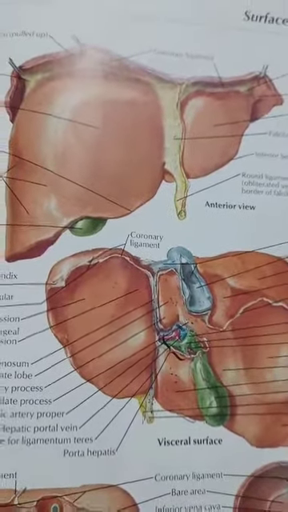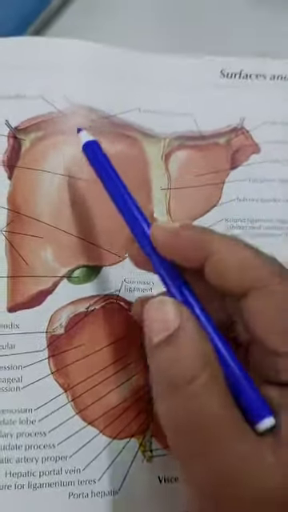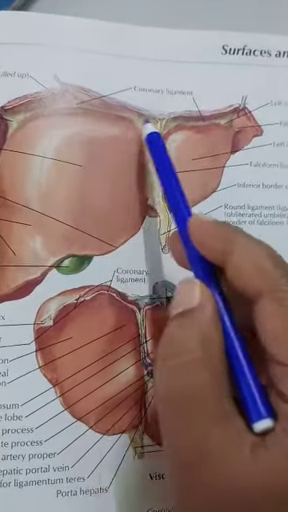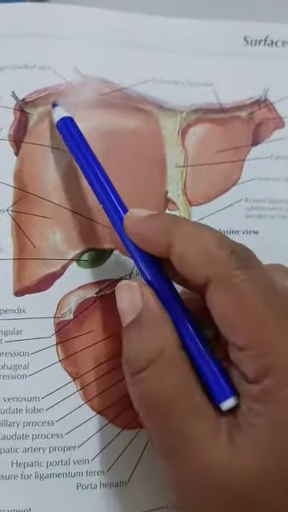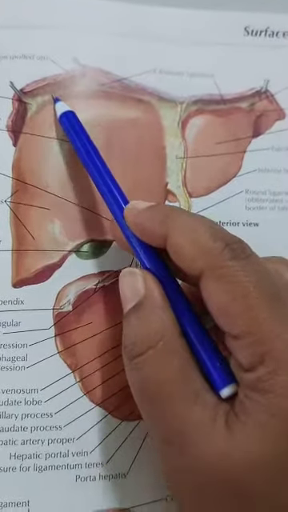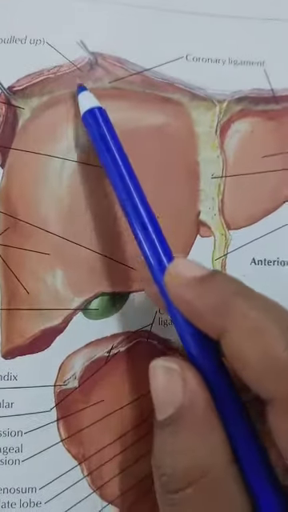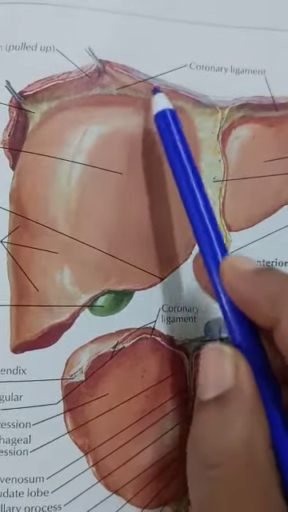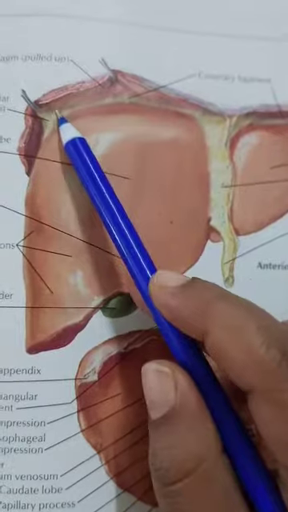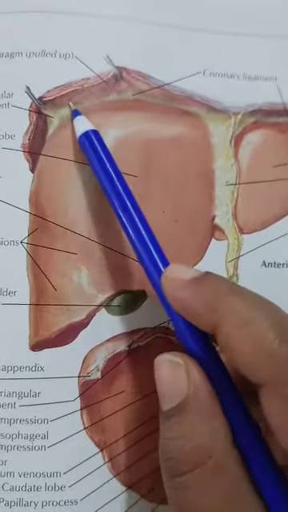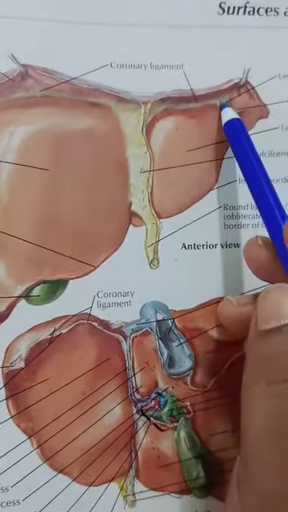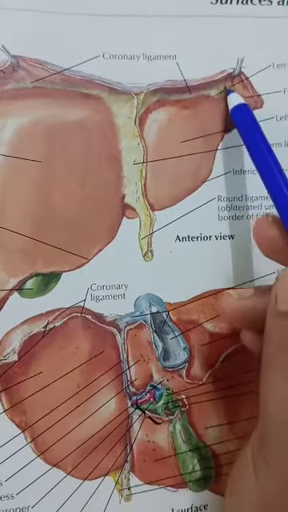Then the ligaments of the liver. Here we can see the coronary ligament between the diaphragm and the liver, and on either side of it a triangular shaped ligament. At the right end of the coronary ligament is the right triangular ligament, and towards the left end is the left triangular ligament.